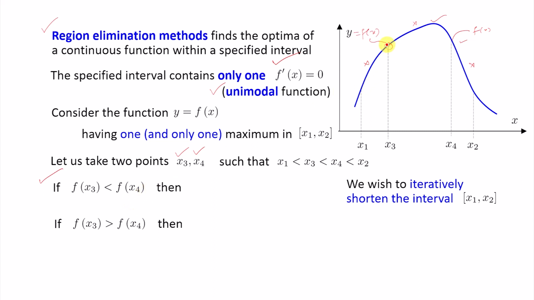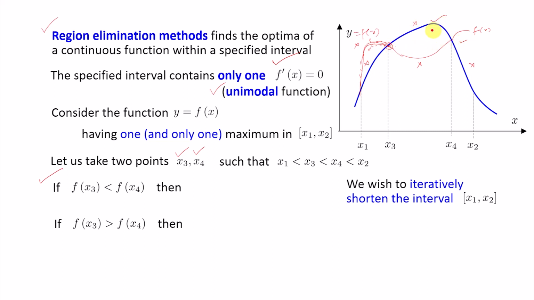If the maximum were between x1 and x3, then the function goes up above the f(x3) point, and then it comes down. As it comes down, because f(x4) is greater than f(x3), it should again go up. But it cannot go up, because if it does, there will be two stationary points, one here and one here, which tells us that we cannot have the maximum between x1 and x3.